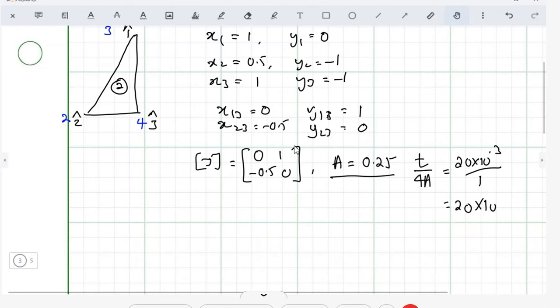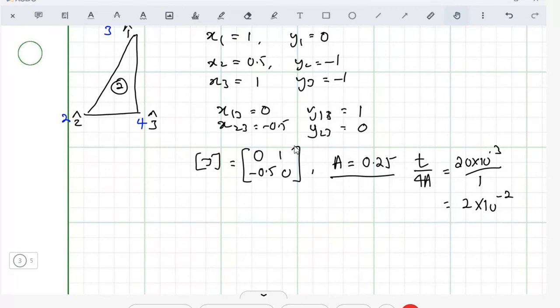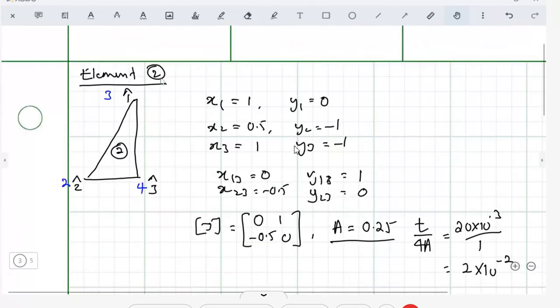Hmm. Okay, so this is 10 to the minus 2. Am I correct? Oh, sorry, this is 2 times 10 to the minus 2. Okay, not 20, 2.